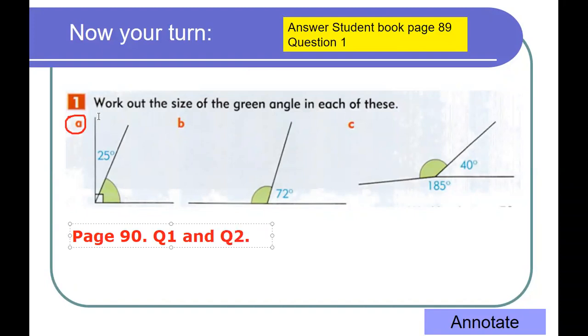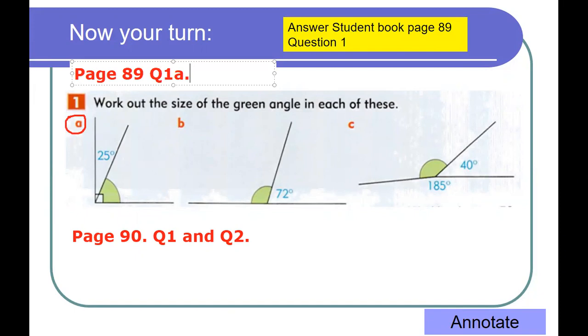So I'm going to write here: page 89, question 1 A, and page 90, question 1 and question 2.